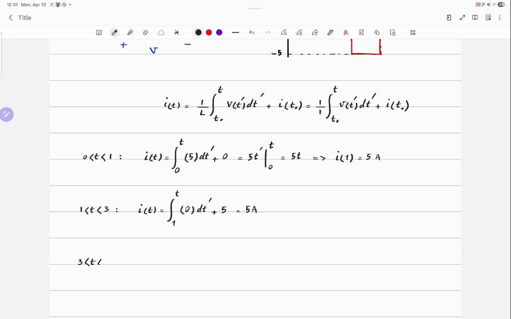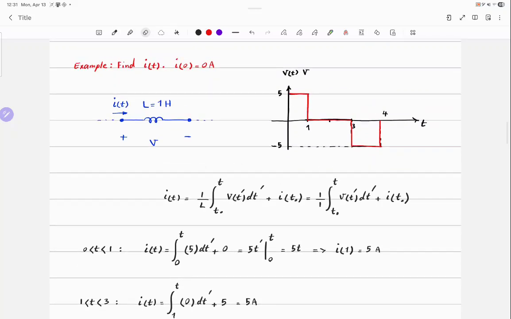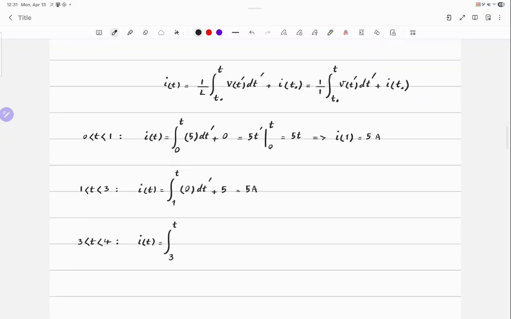T between 3 and 4. It is equal to, what are the bounds of the integral? From 3 to t. And what is the function in this range? -5.